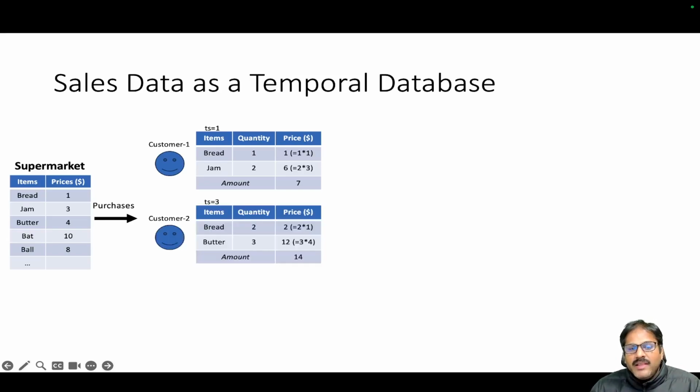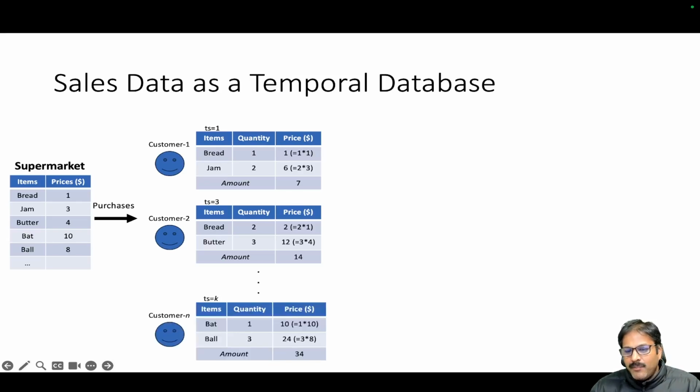Next, at timestamp 3, another customer has visited the supermarket. He purchased 2 units of bread and 3 units of butter. After purchasing those items, he paid $14 and he left. Similarly, multiple customers have visited the supermarket at different timestamps and made transactions.